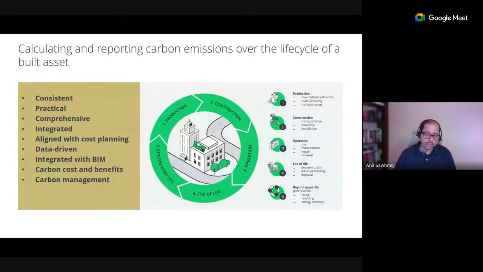It's aligned with cost planning, and that's done through ICMS, which I will try to explain as well today. The methodology is data-driven. It's integrated with building information modeling, or BIM. It considers both carbon costs and benefits, and is also linked to carbon management.